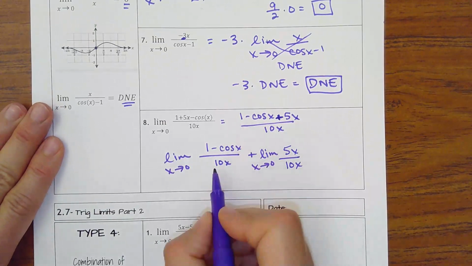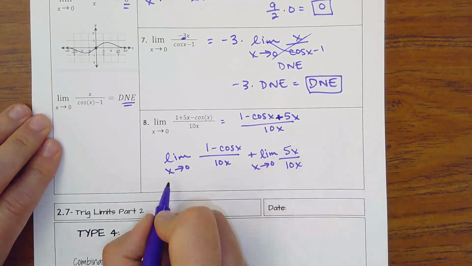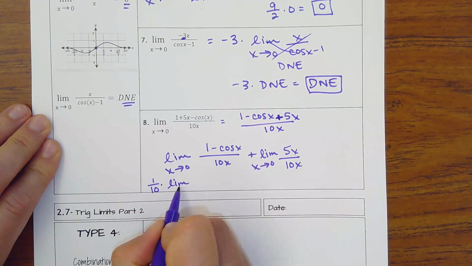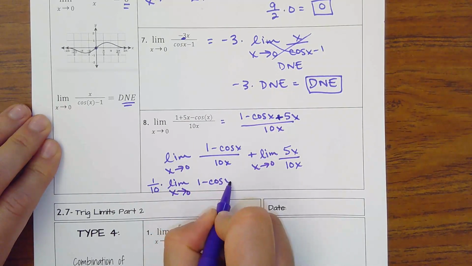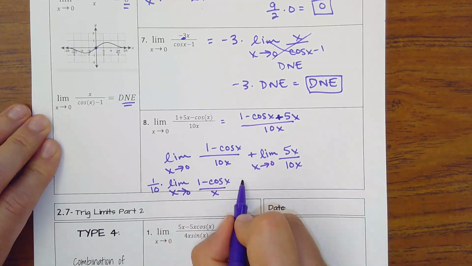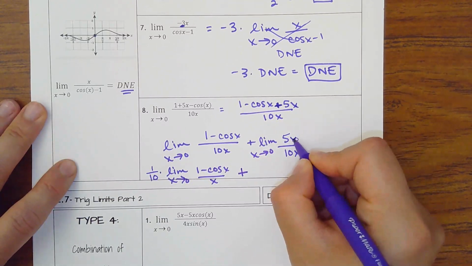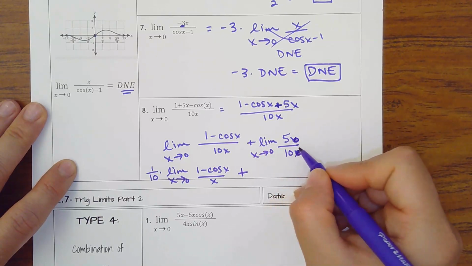And then on this one, I would take out the 10, which is in the denominator. So that's really 1/10 times the limit as x goes to 0 of 1 minus cosine of x over x plus your x's can cancel. And then you have 5/10, which is a half.